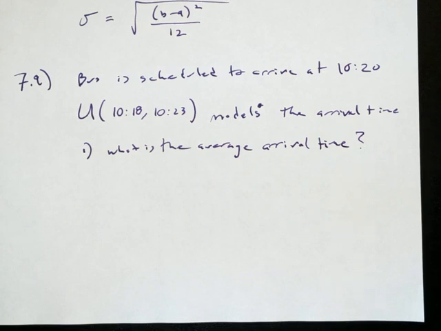The formula for this just scrolled right off the top of the screen, so you should already have it written down. What's the average? The length that gives me the whole window. So from 10:18 to 10:23 is the whole window. Where is the average on that window?